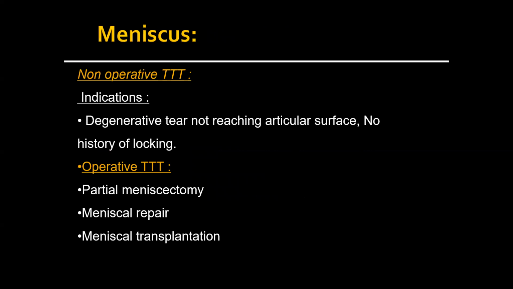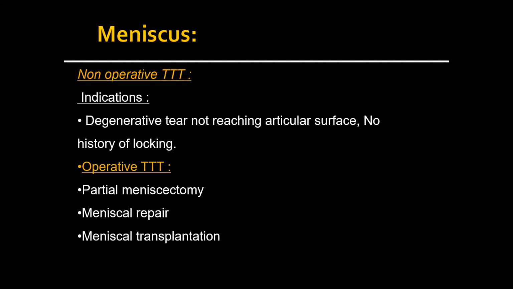Regarding the meniscal injuries, when we deal with degenerative tears not reaching the articular surface without history of locking, especially in old patients, we may consider non-operative treatment. However, acute traumatic tears, especially in younger patients and in patients with a long-standing tear that's not responding to non-operative treatment, we may consider surgical intervention.